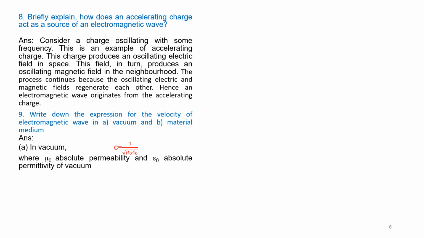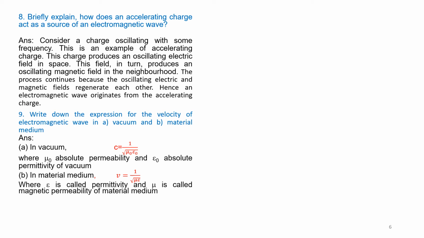Part B. In a material medium, the velocity is v equals 1 over the square root of mu epsilon, where epsilon is the permittivity and mu is the magnetic permeability of the medium.